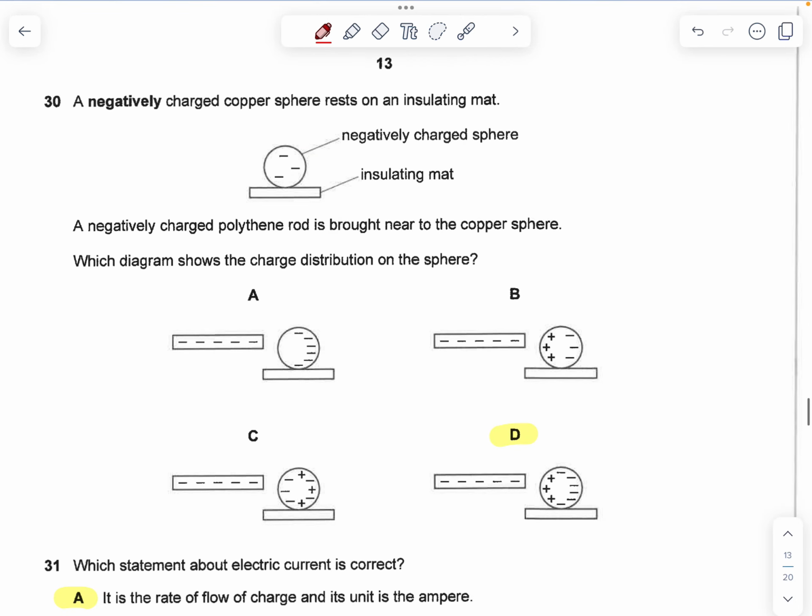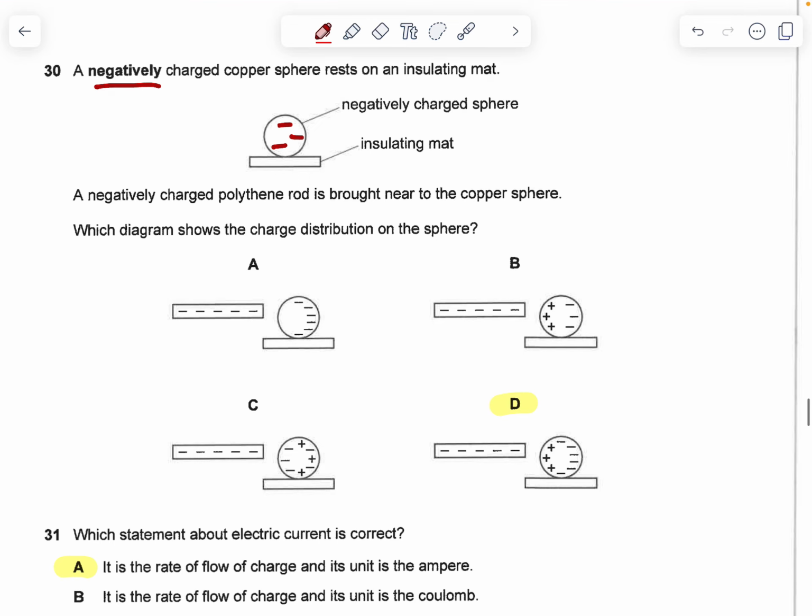Okay, question 30. A negatively charged copper sphere rests on an insulating mat. Highlight the words negatively charged. Initially there are 3 charges. A negatively charged polyethylene rod is brought near the copper sphere. Which diagram shows the charge distribution?